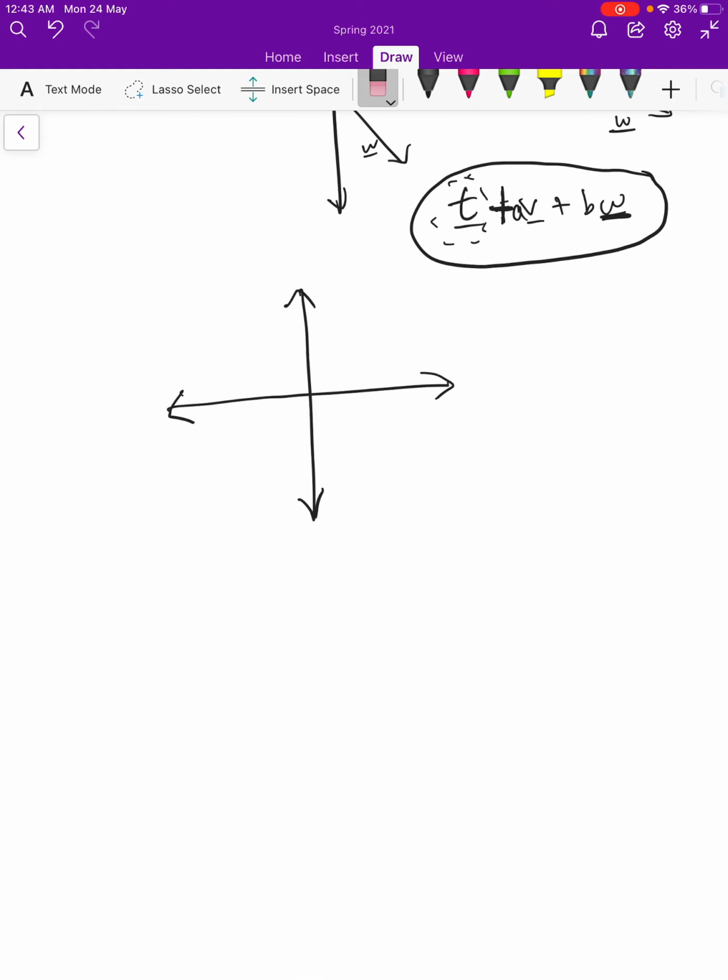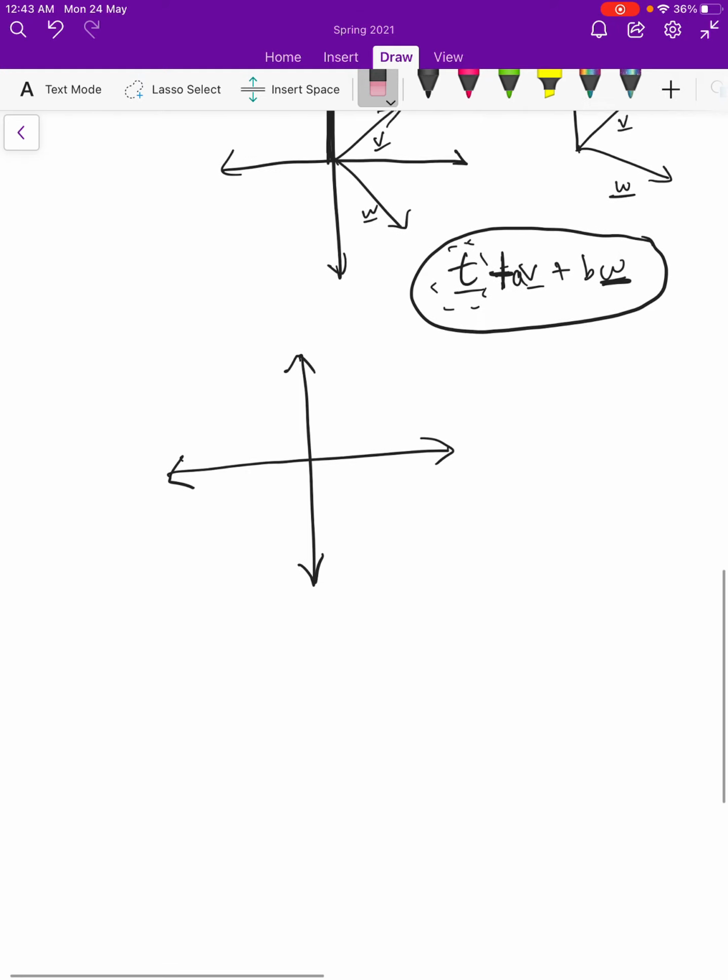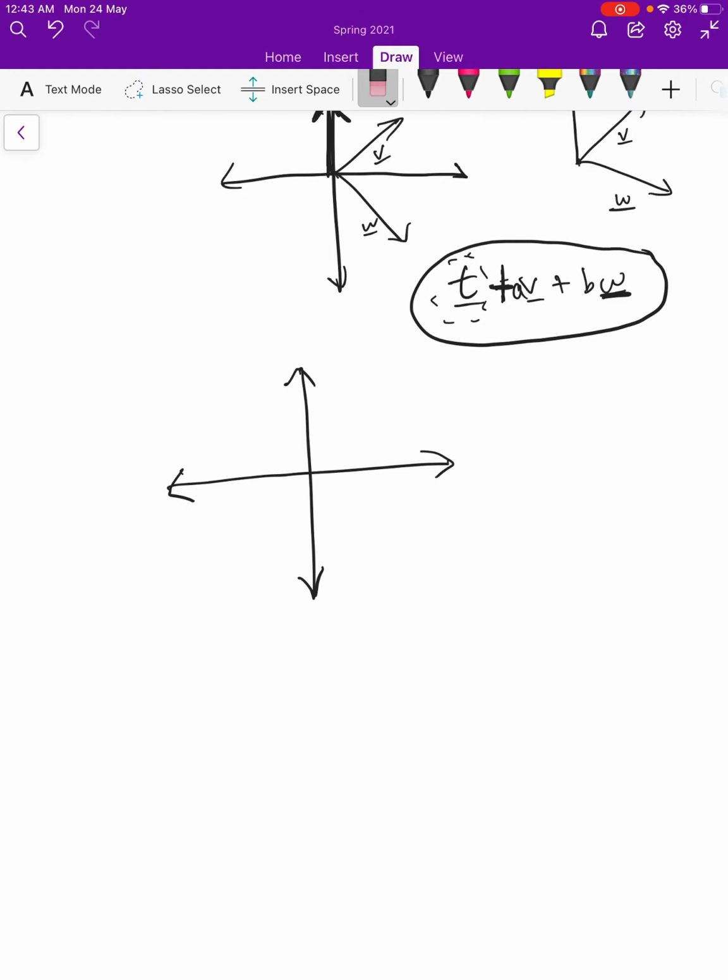So ignore that, and I will explain how this works. So let's say, I don't know how to draw this in 3D.